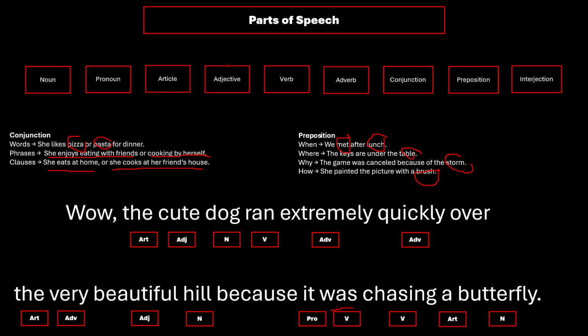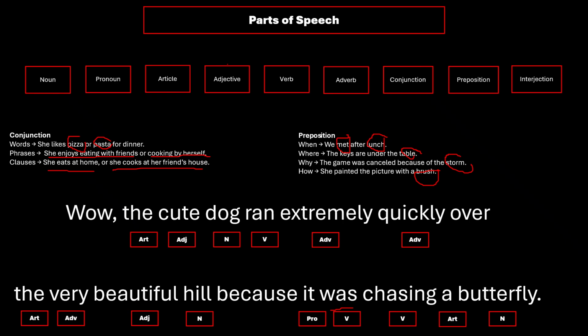Like lunch here is related to the word met, showing its relationship. And you will answer the question, when did they meet? Answer, the preposition and that noun, after lunch. Where are the keys? Under the table. So on and so forth.